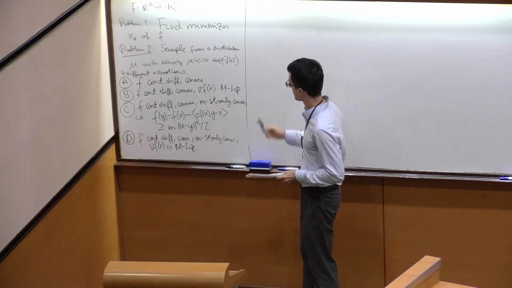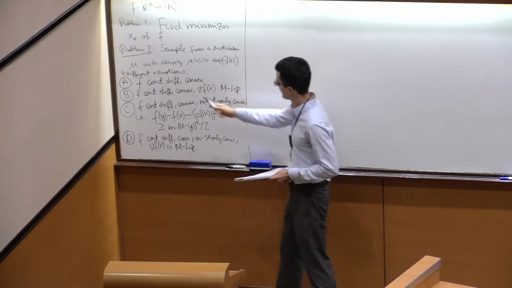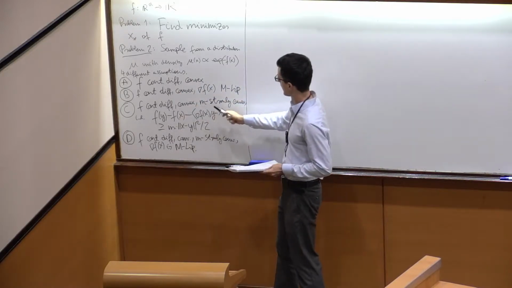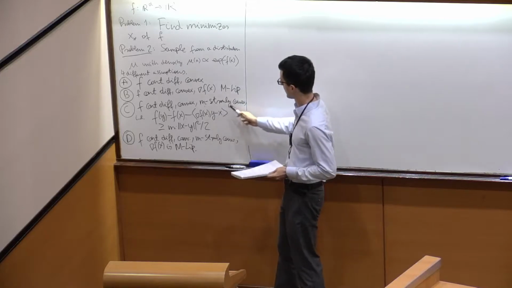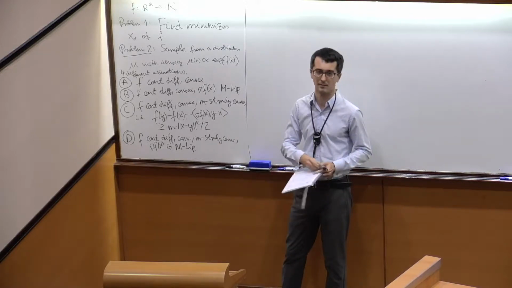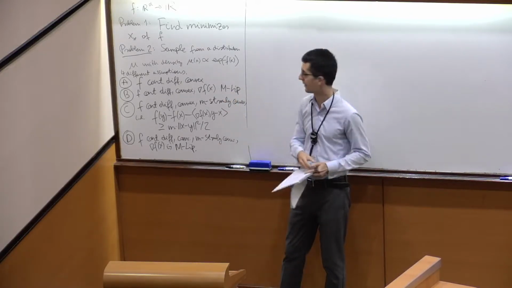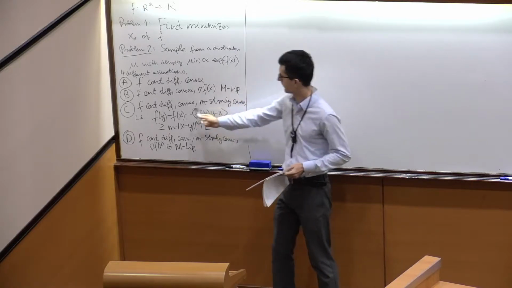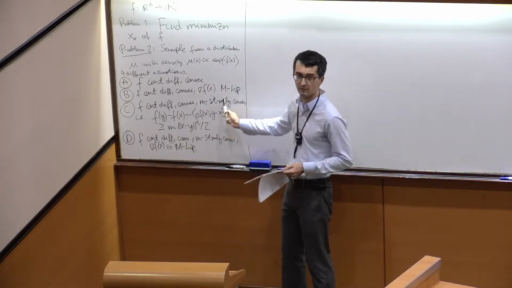The third assumption C is that f is continuously differentiable, convex, and small m strongly convex. If it's twice differentiable, this means that the Hessian is lower bounded by small m times the identity. But in general, without twice differentiability, this is the definition of m strong convexity.